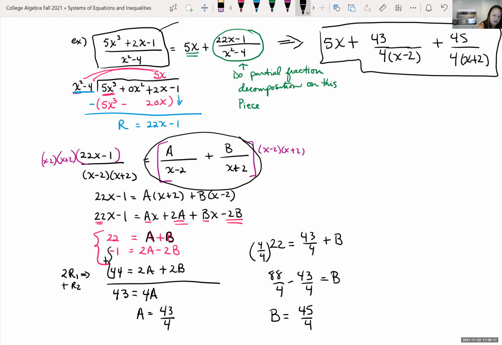So our original can be simplified after doing long division and partial fraction decomposition on the remainder divided by the divisor.